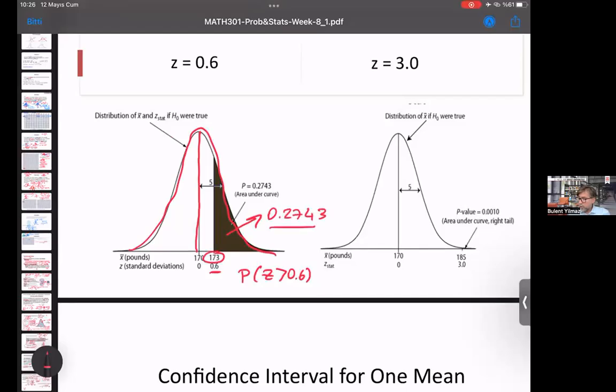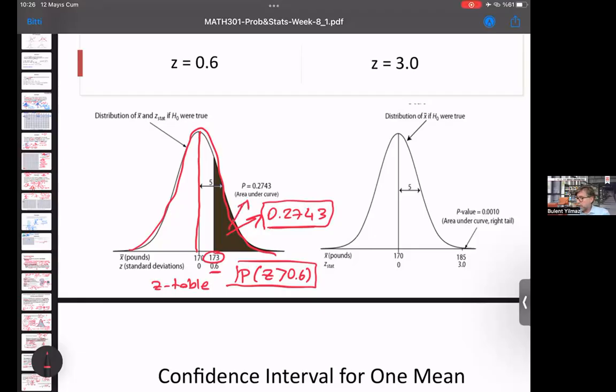From where? From the z table. I change everything from normal distribution to z distribution. And why? Because I want to use the z table, and I can find out that the probability of the area under this curve is going to be 0.27.